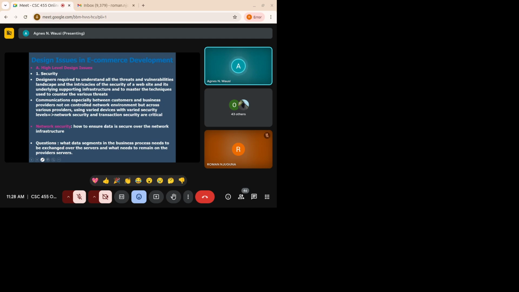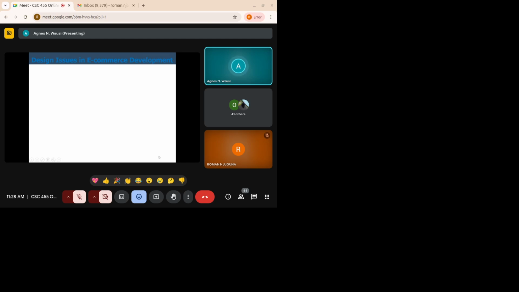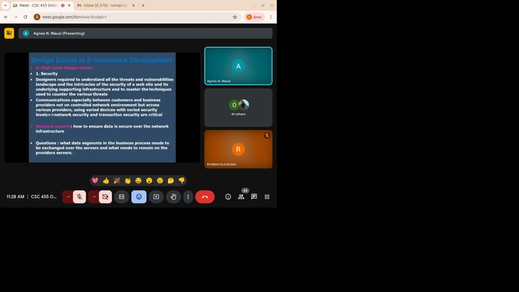In terms of security, where you really have to understand what are the weaknesses, what are the vulnerabilities that are there, what are some of the things that are critical, so that you know what solutions that you're going to create, or how you're going to embed security into the application.